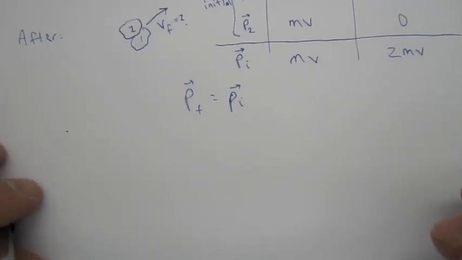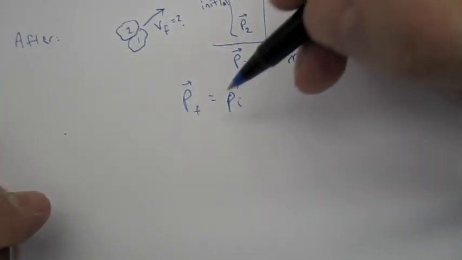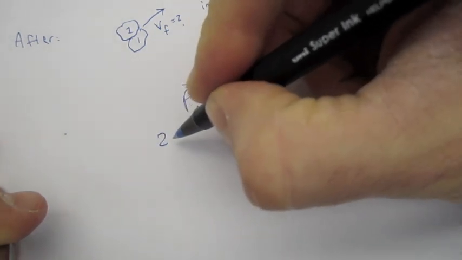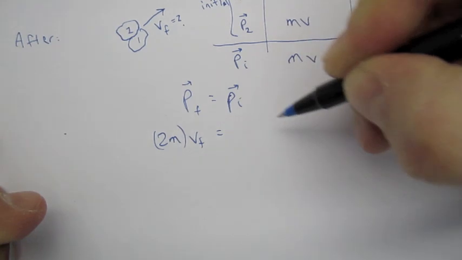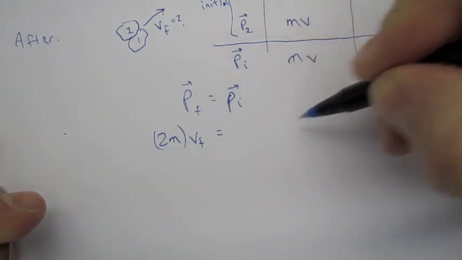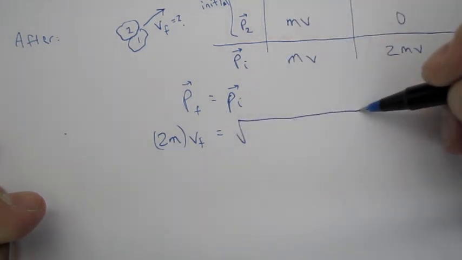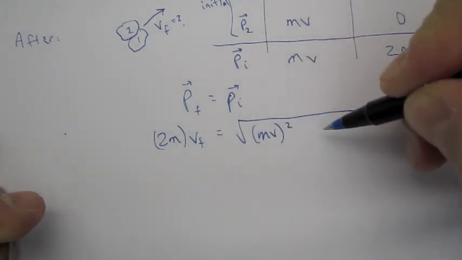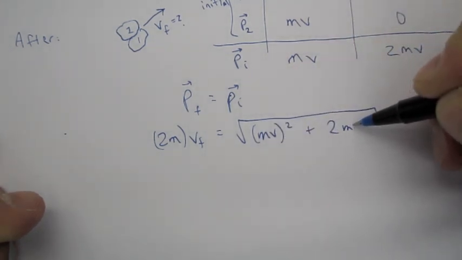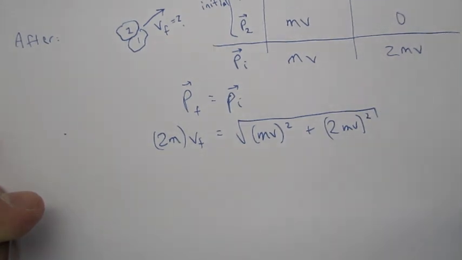So we have 2m, the mass of the final, times v final equals the square root of mv squared plus 2mv squared.